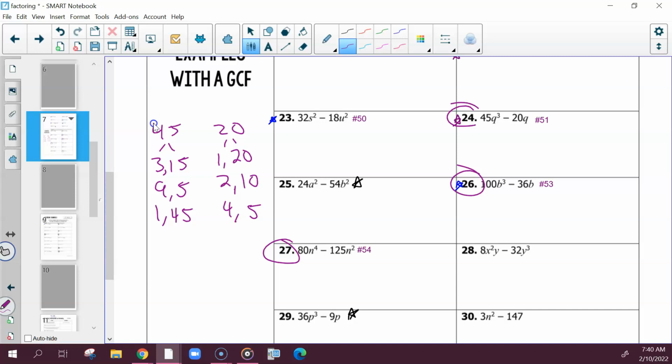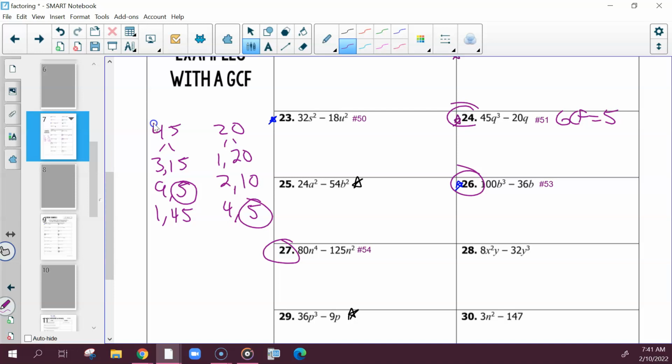So, of all of their factors, which one do they share? 5. So we can definitely divide both by 5. Do they have anything else in common?